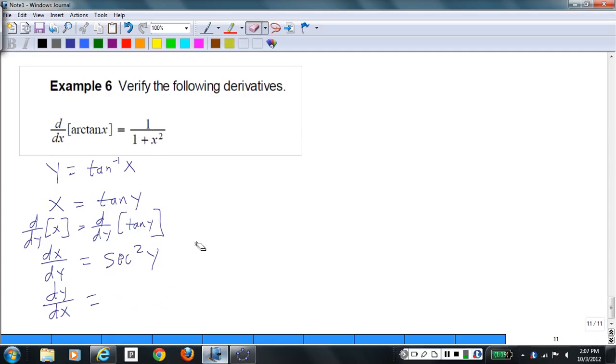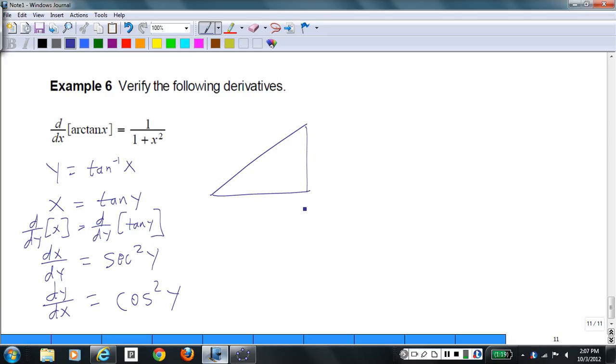No, I'm going to call it cosine squared y and see what terrible thing happens, because it just seems like the natural thing to do. Here's our triangle. So this equals cosine squared of what's y? Inverse tangent of x. So cosine squared of inverse tangent of x.